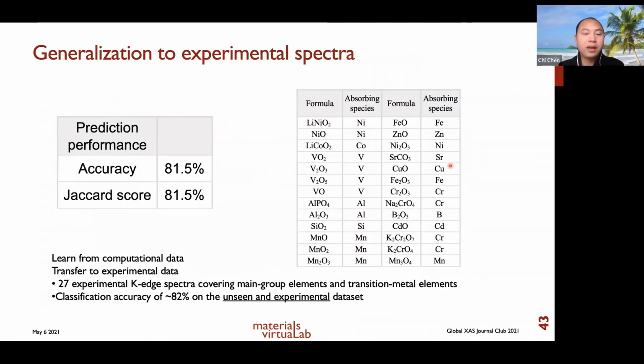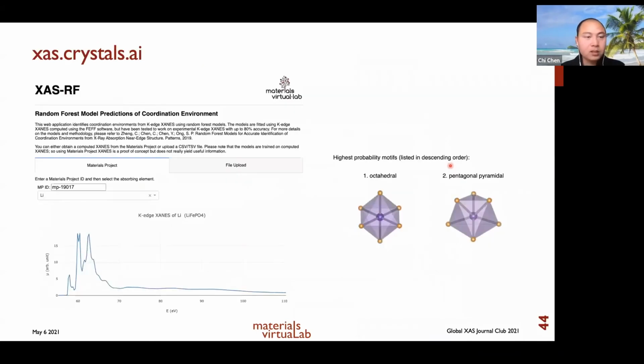Okay, again, similar to the previous spectrum matching method, we apply the method to the experimental spectrum with known compound structure. And the accuracy that we are able to achieve is about 81.5%. So we have also deployed the application as a web app. You can access the web app at xas.crystals.ai.